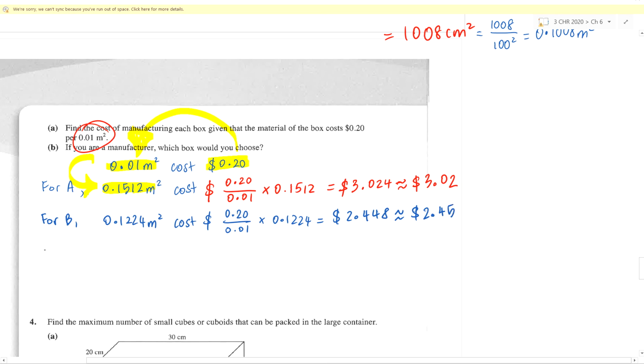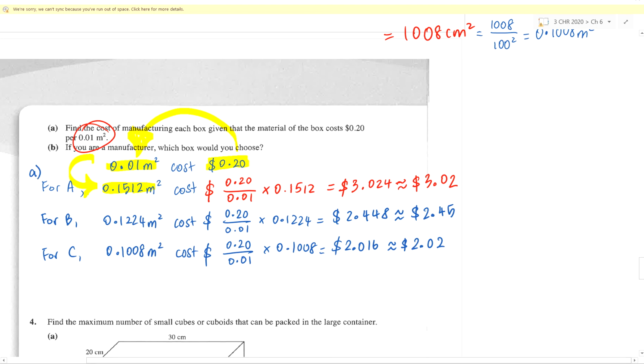And the last one, C. 0.1008 square meters. It will now cost, same working, so these are the answers for part A.